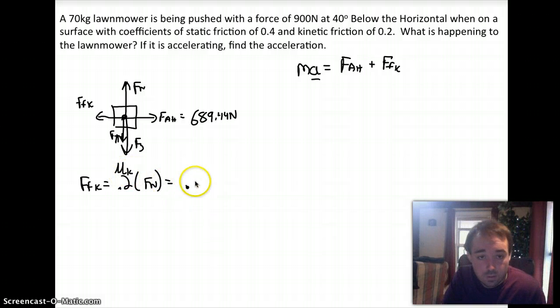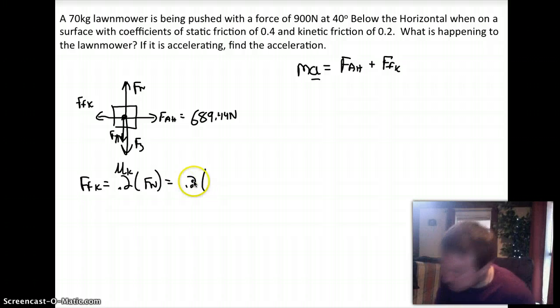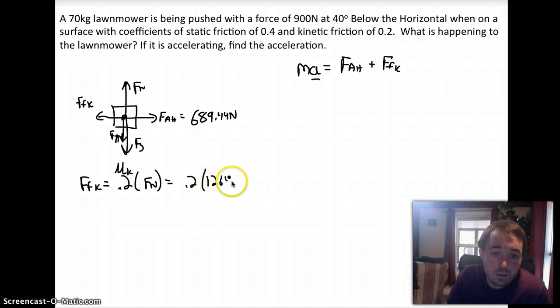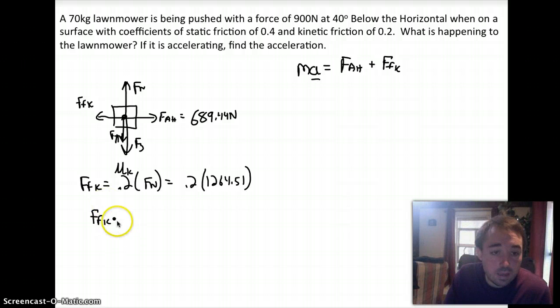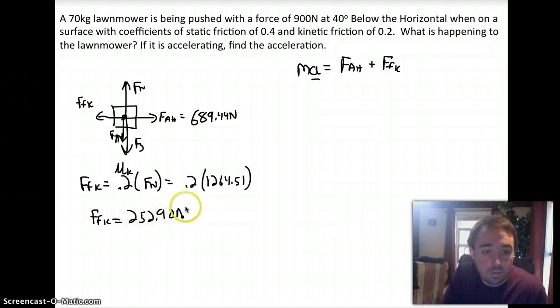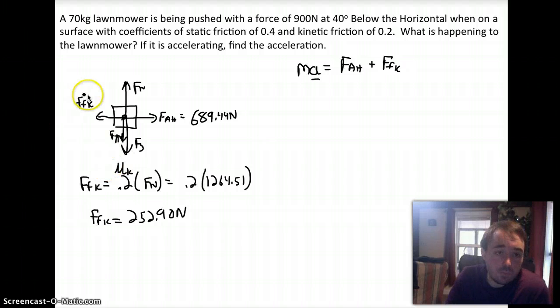So 0.2 times 1264.51 is going to give us an FFK acting backwards of 252.90 newtons. Again, you would have numbers for each of these that you should label on your free body diagram.